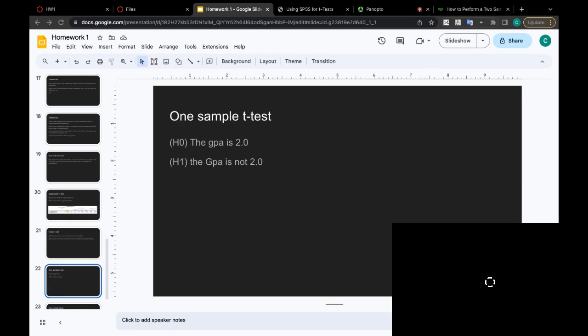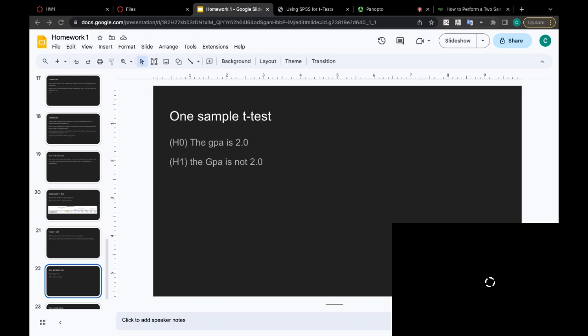At least in the significance, it says there's a difference between the two, at least in this case. So we have entirely different values. So therefore, our null hypothesis would be sustained.